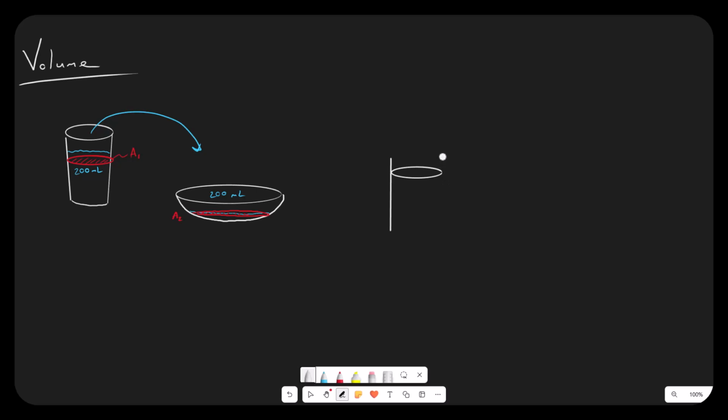Maybe I have a big cylinder like this, and over here maybe I have a cylinder like this, and I put some kind of a liquid in here, and I can feed this to the side.